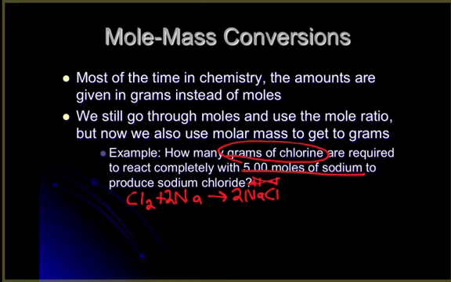So now I need to set up my stoichiometry problem, again starting with what you know. Start with 5 moles of sodium. Moles of sodium is on top of the first step. It goes on the bottom of the next step.